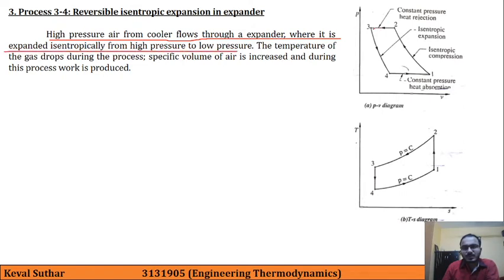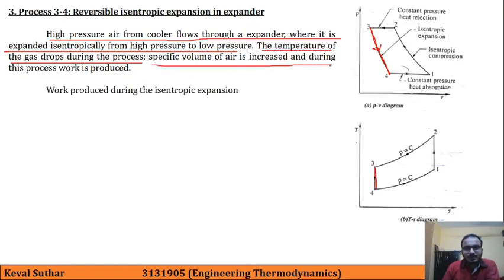So that is the process we are discussing. And here the temperature of the gas drops during this process, as it can be seen over here, and the specific volume of air increases. So work produced is given by this formula mCp (T3 minus T4).